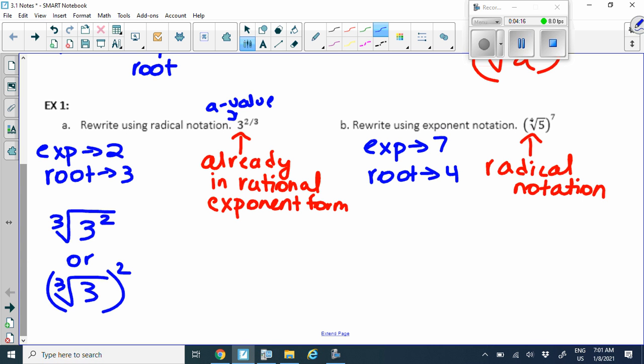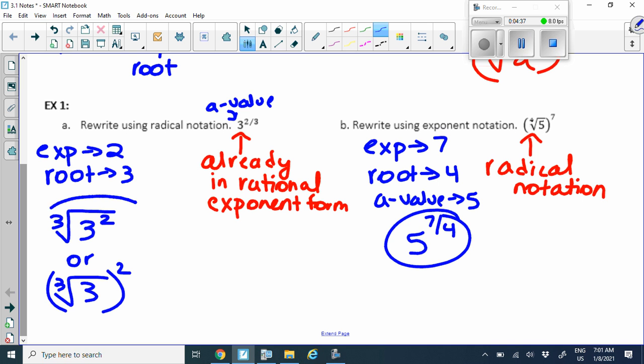And then our a value, or base, is 5. So we have 5 to the 7/4 power. Remember, your root is underneath that fraction bar, just like a root of a tree or flower. And when you are writing it in rational exponent notation, there's really only one way of doing it.